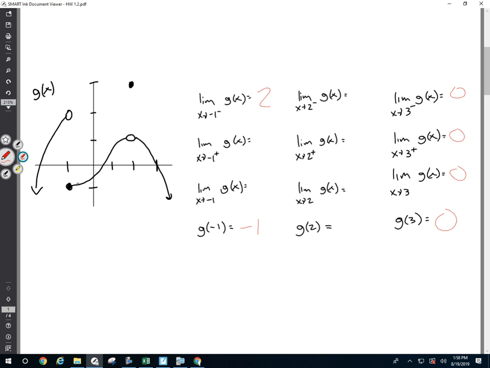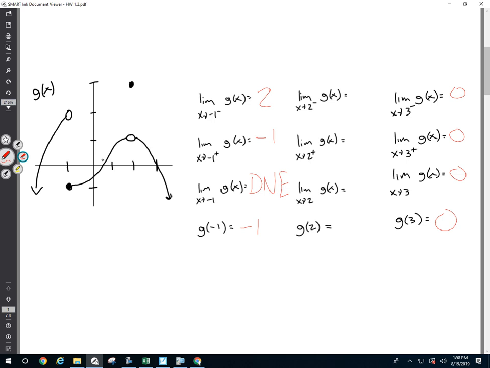There's my graph. The closer I get to -1 from the right, my y-coordinates are approaching this closed circle, which is located at -1. Since the left-hand limit and the right-hand limit do not agree with each other, this limit does not exist.